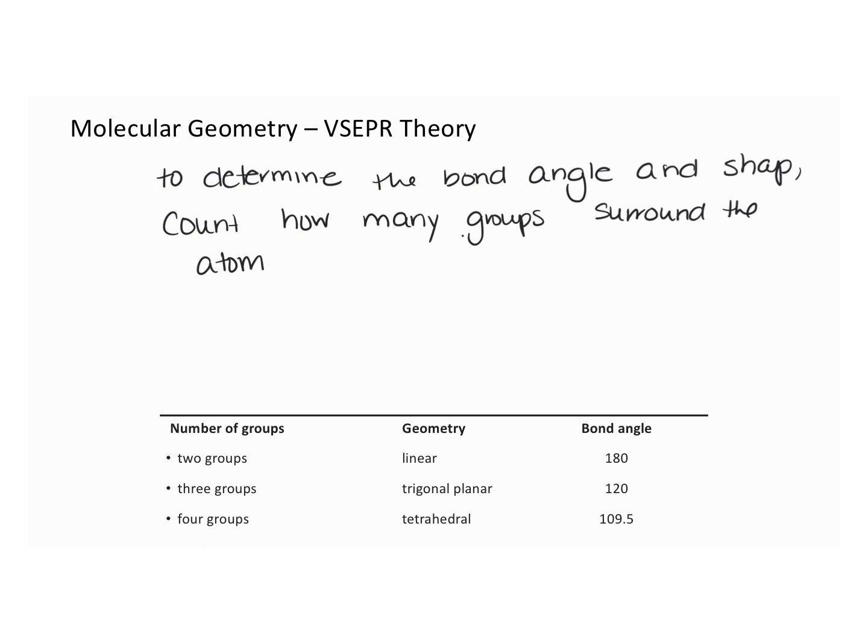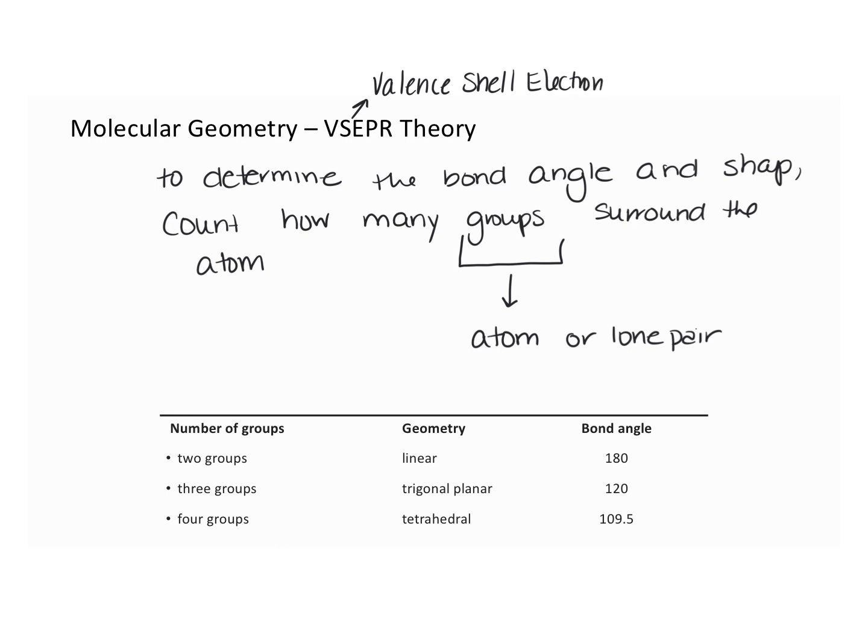And what do I mean by groups? When we talk about groups here, groups are either another atom or a lone pair. And this is referred to as VSEPR theory, or valence shell electron pair repulsion theory.